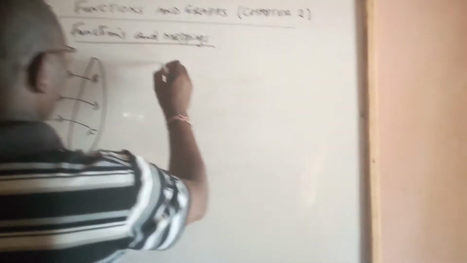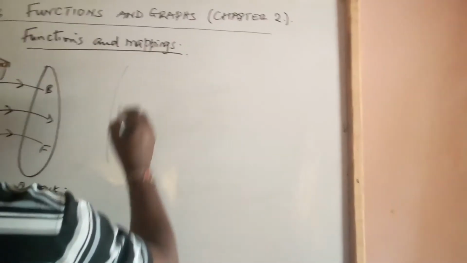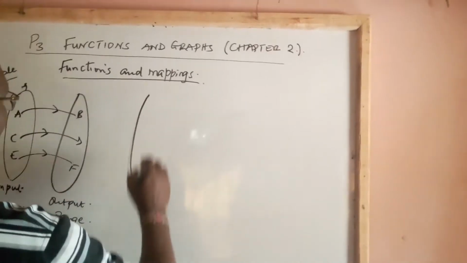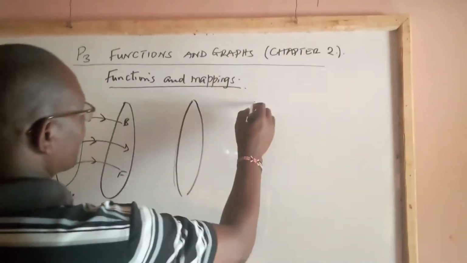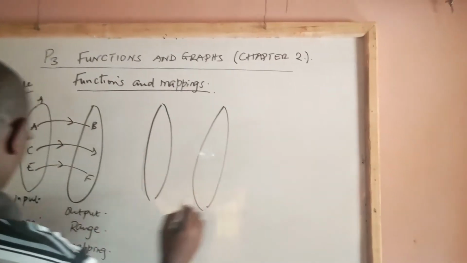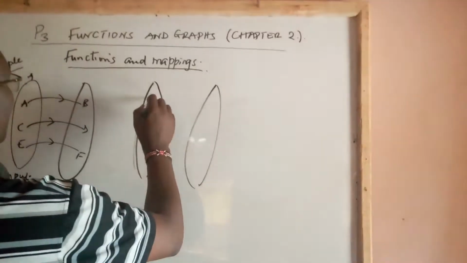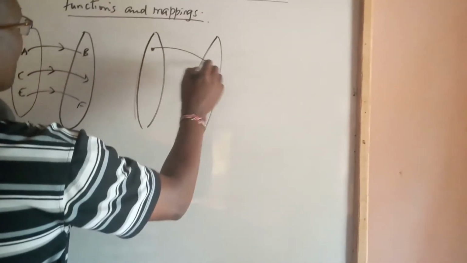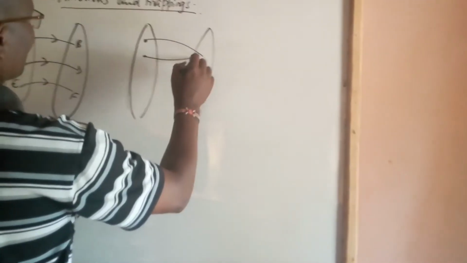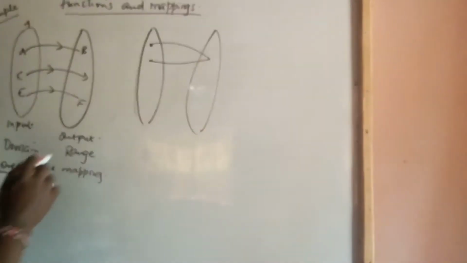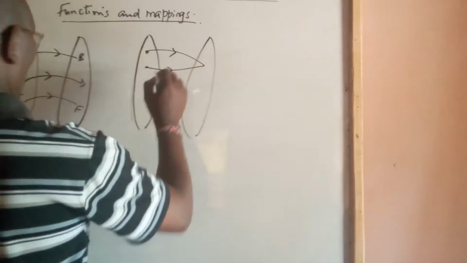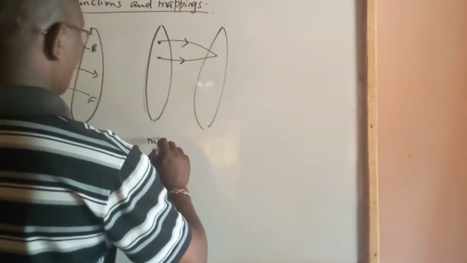A second example of mapping could be this: we have that value mapping to that value, and that one mapping to that. This one is now many-to-one mapping.